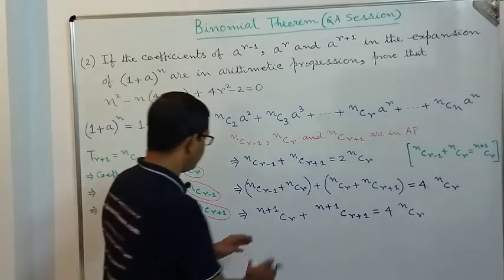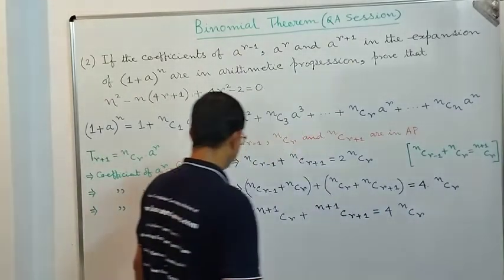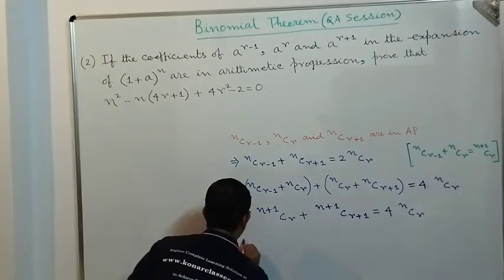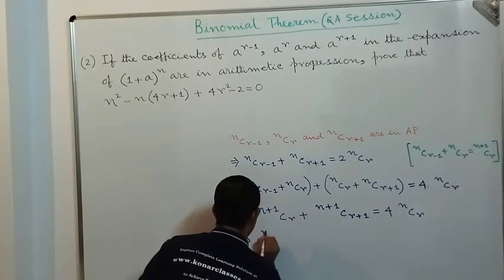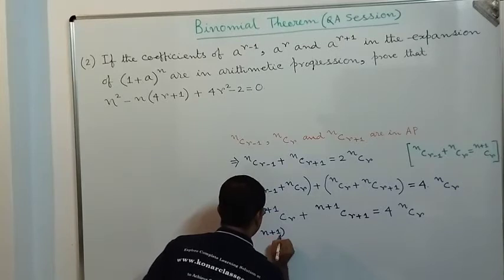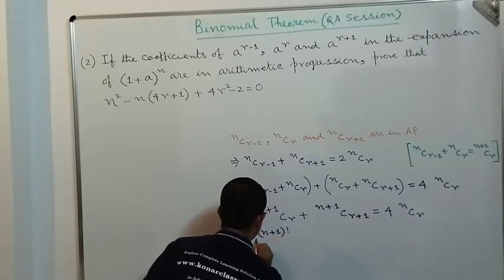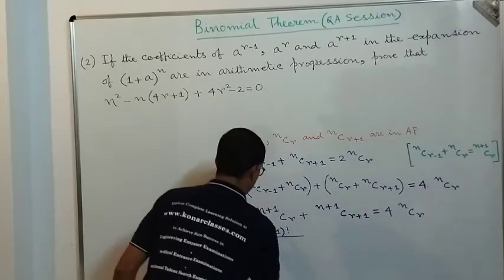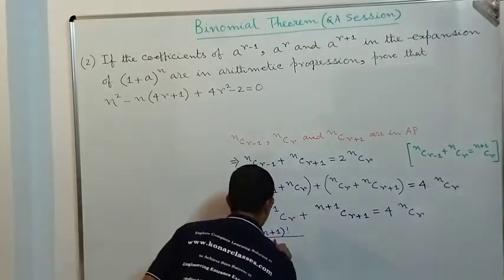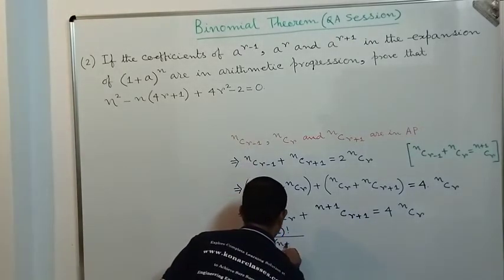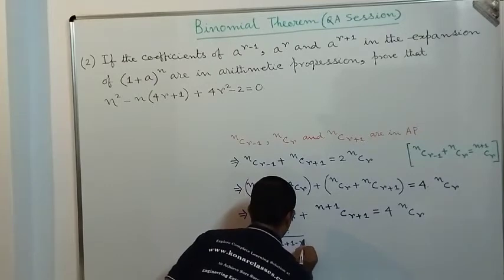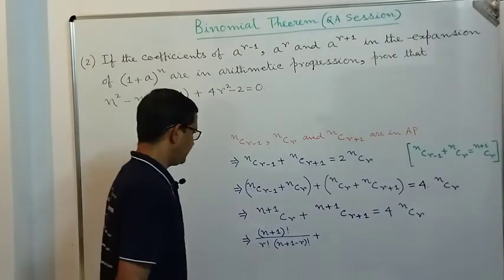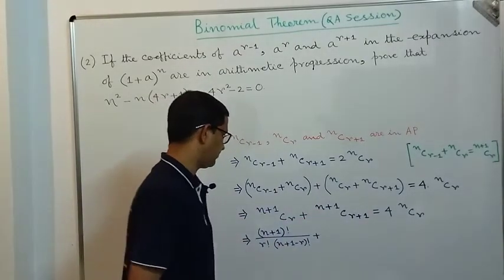So now we need to simplify this. So how to simplify this? Here we can write, this implies n plus 1 factorial divided by r factorial into n plus 1 minus r factorial, plus n plus 1 Cr plus 1.